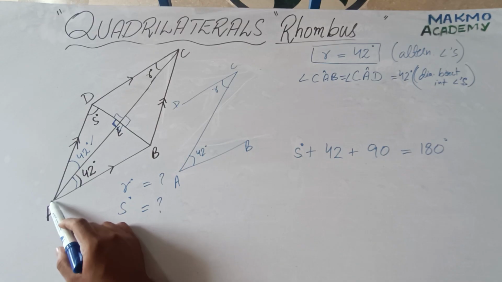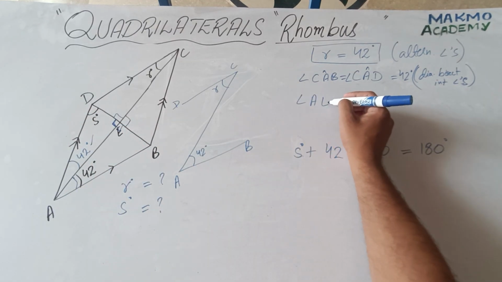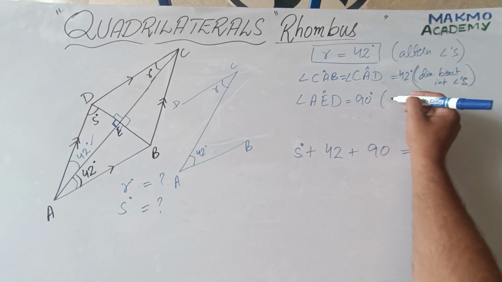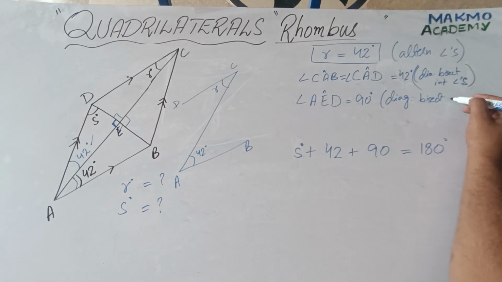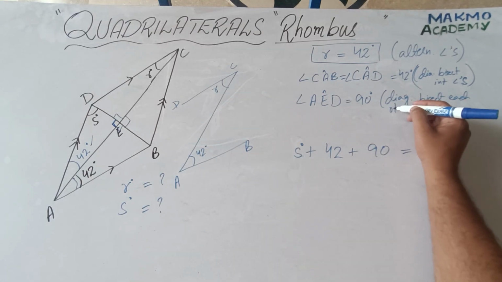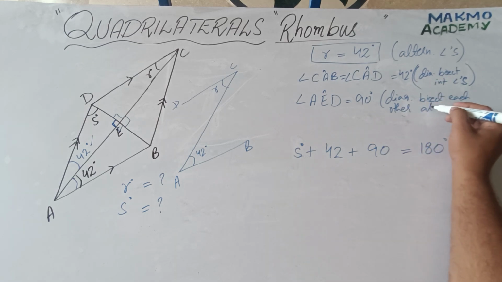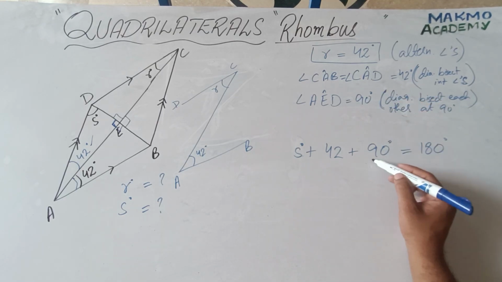Now I will mention this angle AED: angle AED is equal to 90 degrees. Diagonals bisect each other at 90 degrees. This is the reason why I am saying that this angle is of 90 degrees.